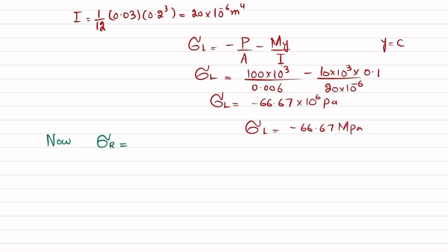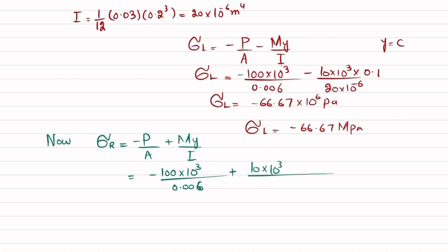Now what we will do is that we will find sigma r, bending stress, or normal stress from the right side, which is equal to minus P by A plus M into Y over I, that is the tensile one. So this is the minus 100 kilonewton. So 100 into 10 raised to power 3 divided by area, which is 0.006, plus M, which is 10 into 10 raised to power 3 divided by I, which is 20 into 10 raised to power minus 6.